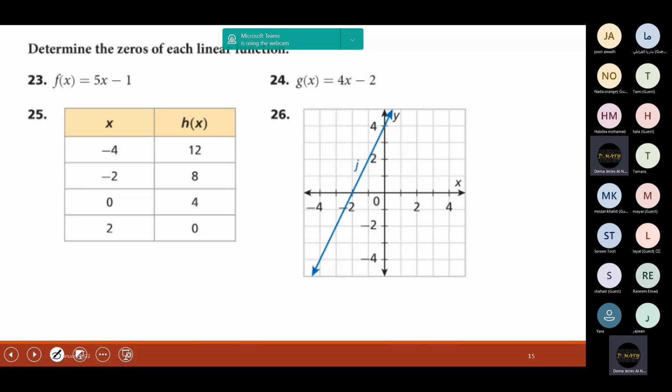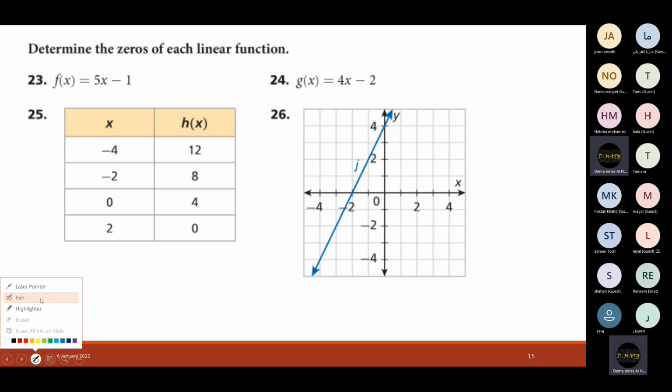Here we have 4 examples, 23, 24, 25, and 26. And we're going to find the 0 of each linear function.